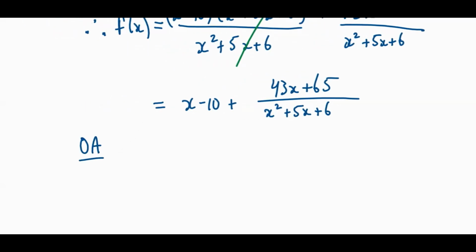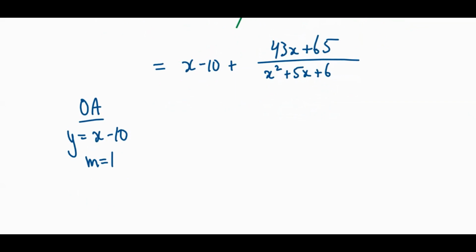The oblique asymptote is y equals x minus 10, where the slope is 1, and the y-intercept is negative 10, and then the x-intercept is going to be 10.